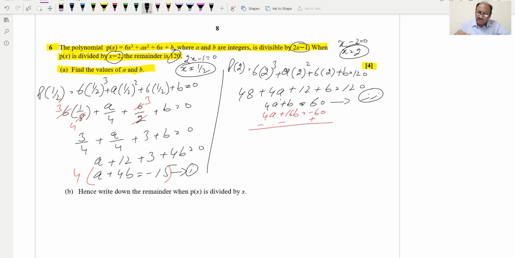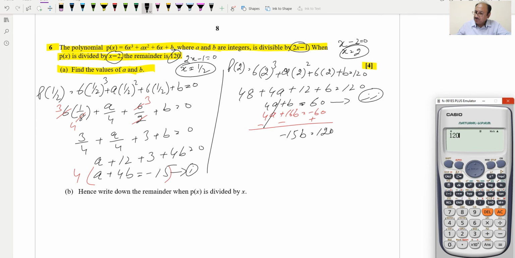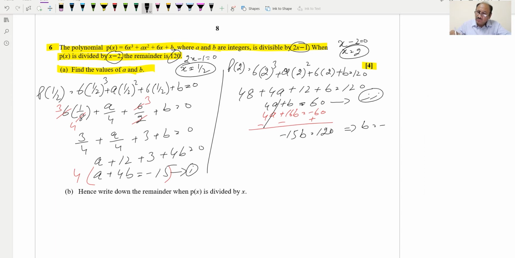If we cancel this, it will be minus 15b is equal to 120. So b value will be equal to 120 divided by minus 15, which is equal to minus 8. So this implies b is equal to minus 8.